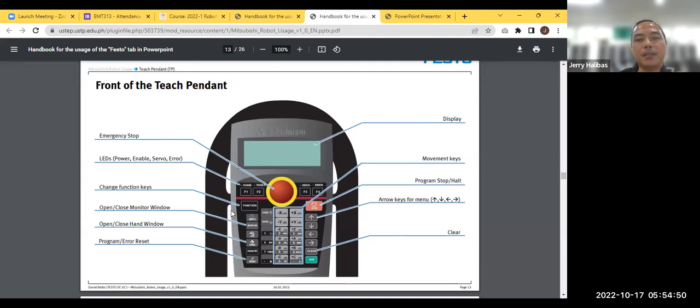Then you have the function keys. The function keys are responsible for changing the menu. The menu appears here. There are four items. If you want to go back, look for the close option, so you just keep pressing the function key until close appears. Since there are only 4 menus, the corresponding keys are F1, F2, F3, and F4 respectively.